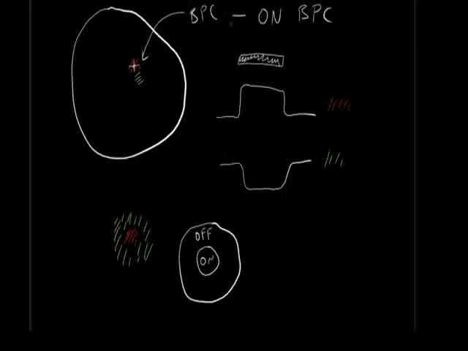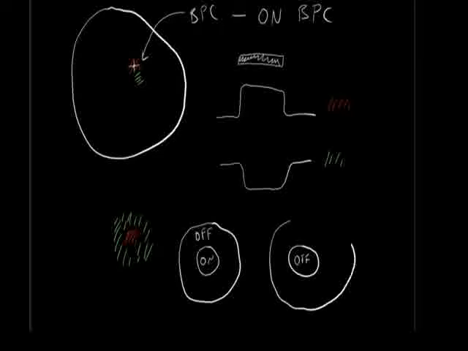If I were to do this with an off bipolar cell instead, I would get the exact mirror image opposite. Light in the middle, of course, it's called an off bipolar cell, so light directly in the middle causes an inhibition, but on the outside I now get an excitation.